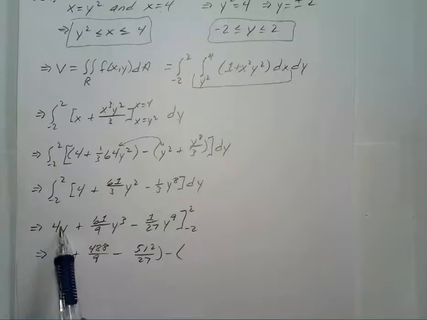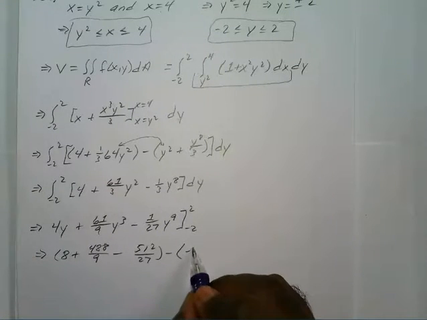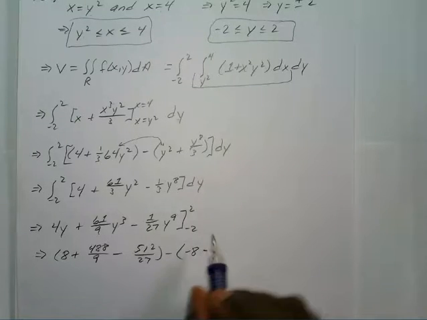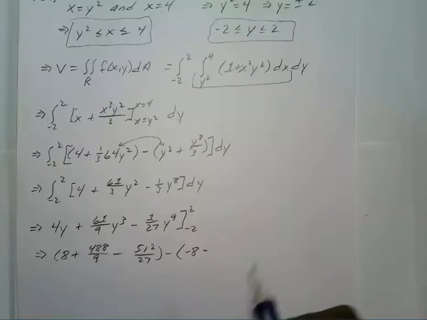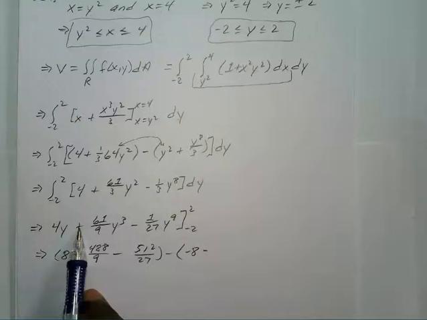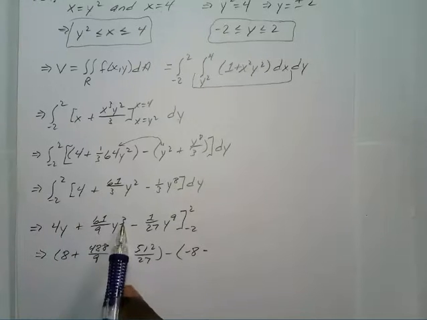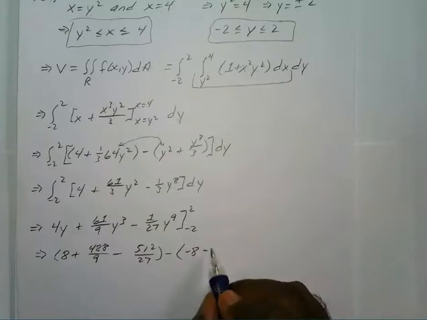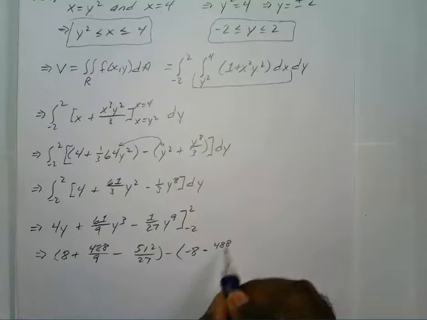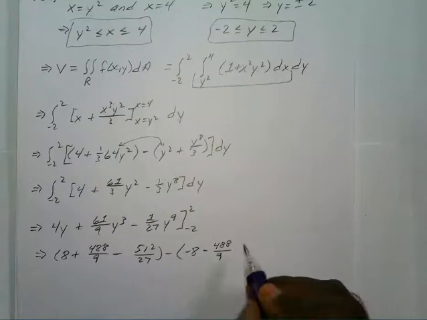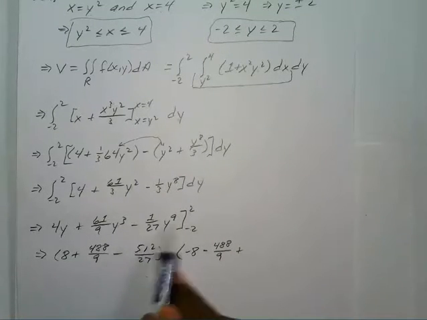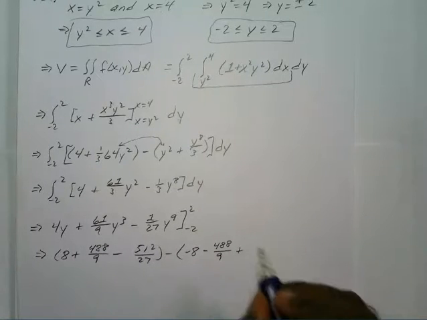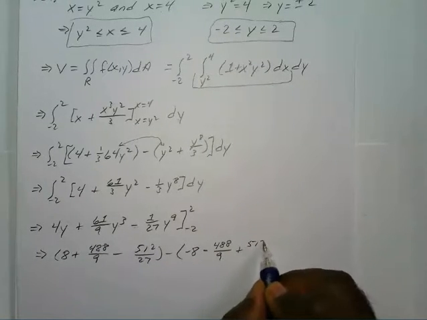Minus, now we plug in our -2, we have -8, minus, and plugging in -2 here gives us a negative because of the odd exponent, so minus 488 over 9, plus, remember odd exponent, so that changes the sign when it's a negative, so we have 512 over 27.